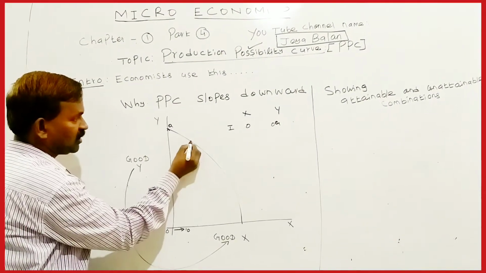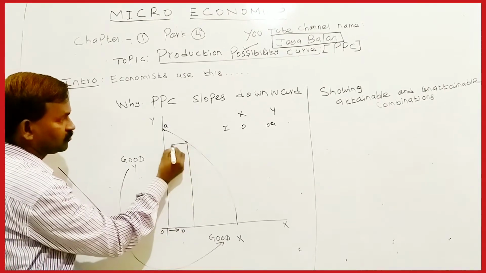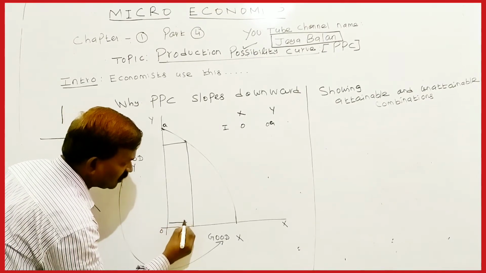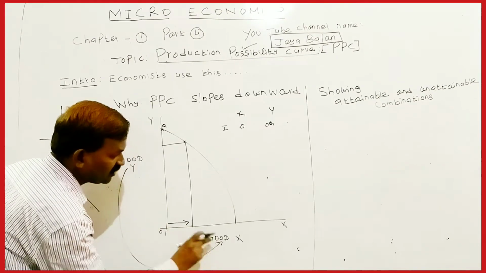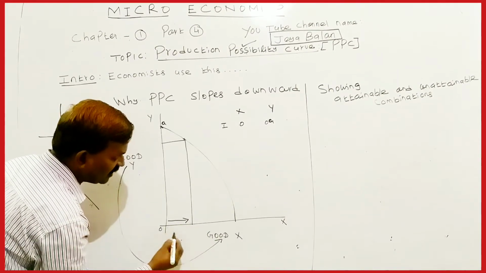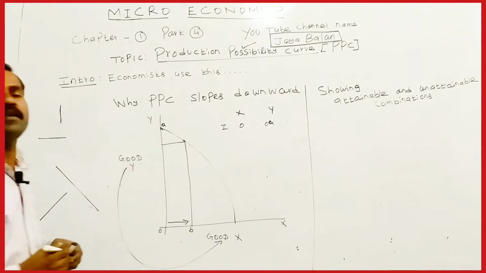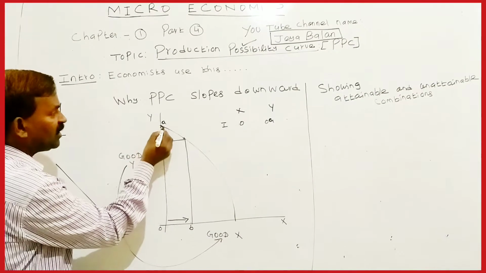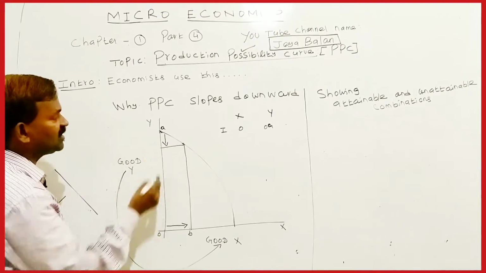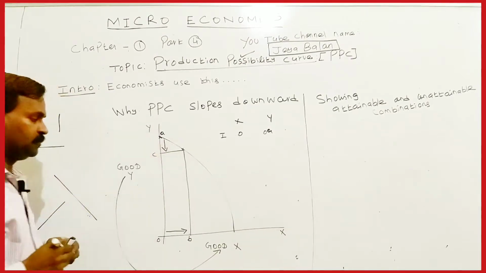For example, mark this point. So what is happening in the production of good X? The production of good X increased from 0 to B. But what is happening here? The production of good Y decreases from OA to OC.